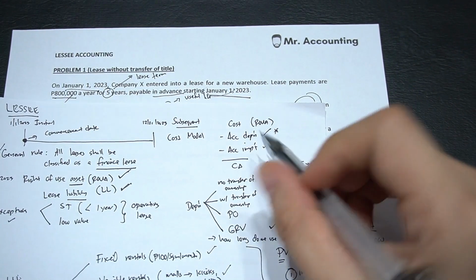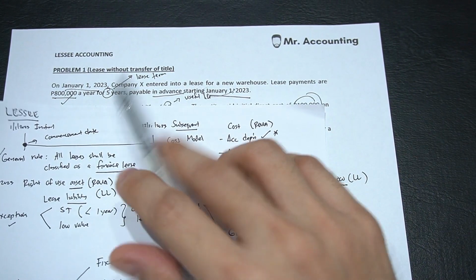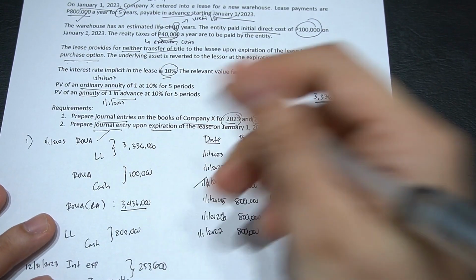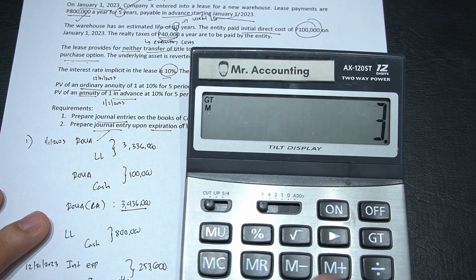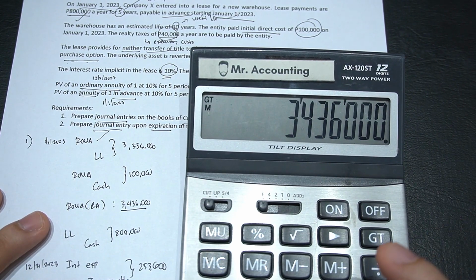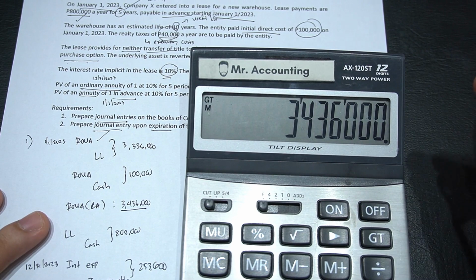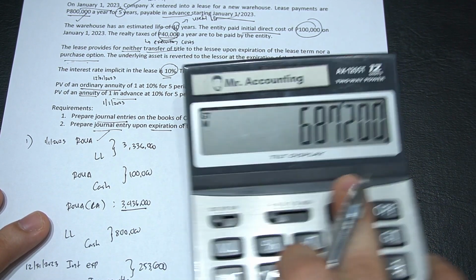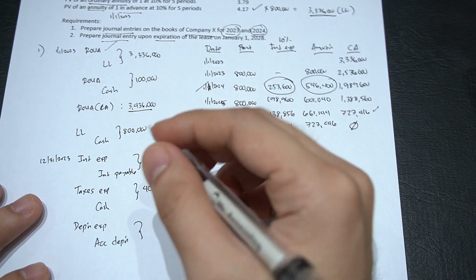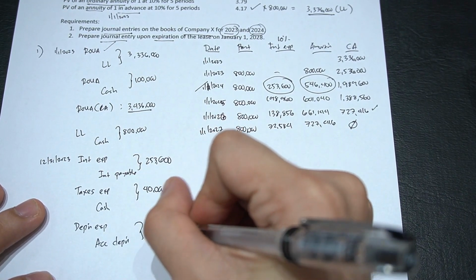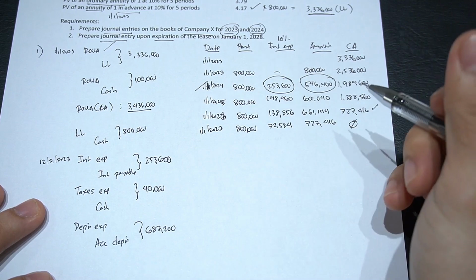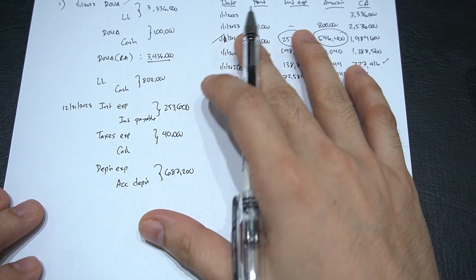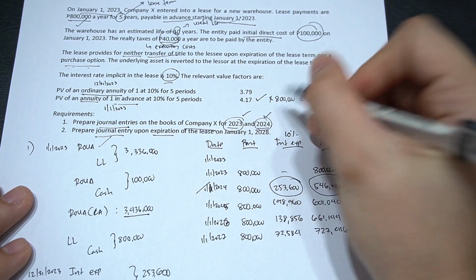Therefore, magagamit mo lang siya for 5 years. Tama lang? So, it means yung depreciation natin, since ito yung carrying amount natin at the start, 3,436,000, di-divide ko siya by 5 years. Hindi 10 years because babalik kay lessor yung property. Divide by 5, you get here 687,200. Debit depreciation expense, credit accumulated depreciation, 687,200.